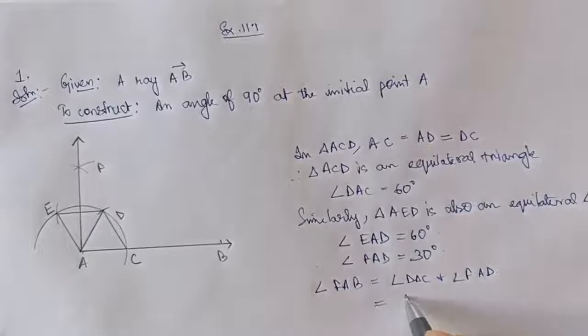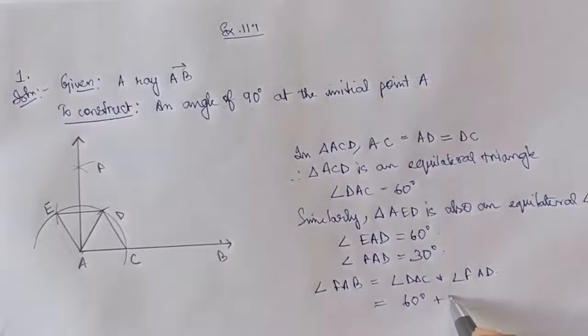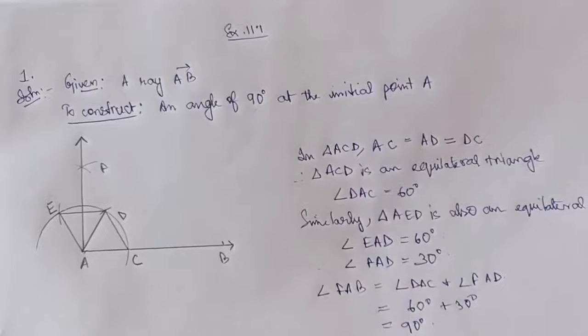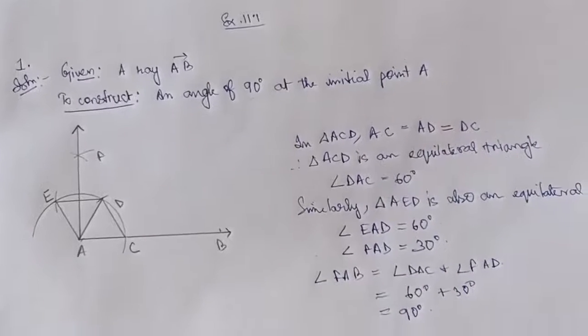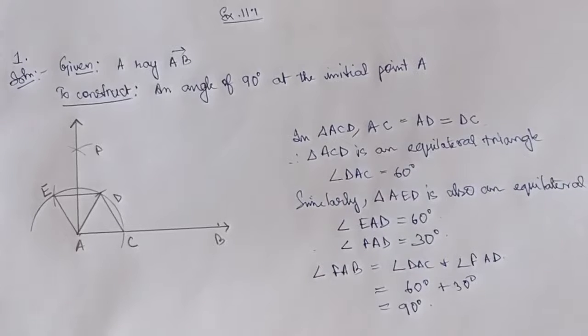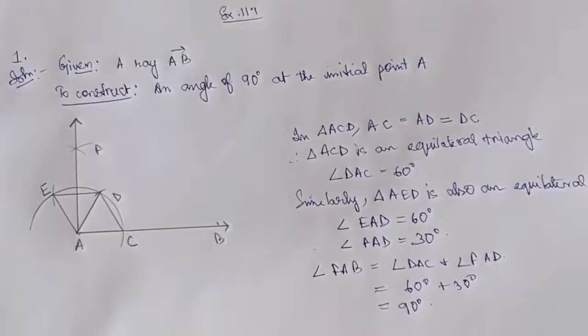So this will be equal to 60 degrees plus 30 degrees equal to 90 degrees. So what we have constructed, the measure of that angle is 90 degrees. Hence our construction is true and it is justified.